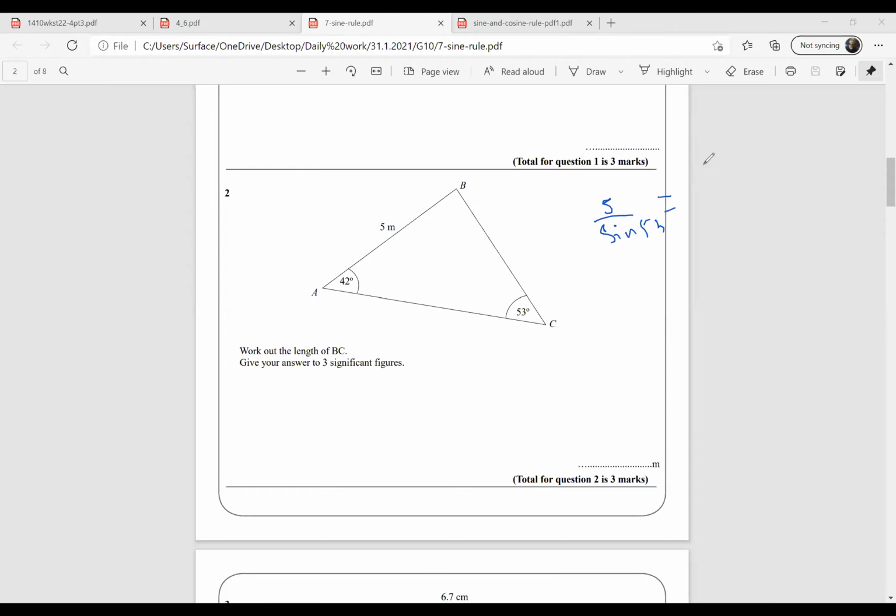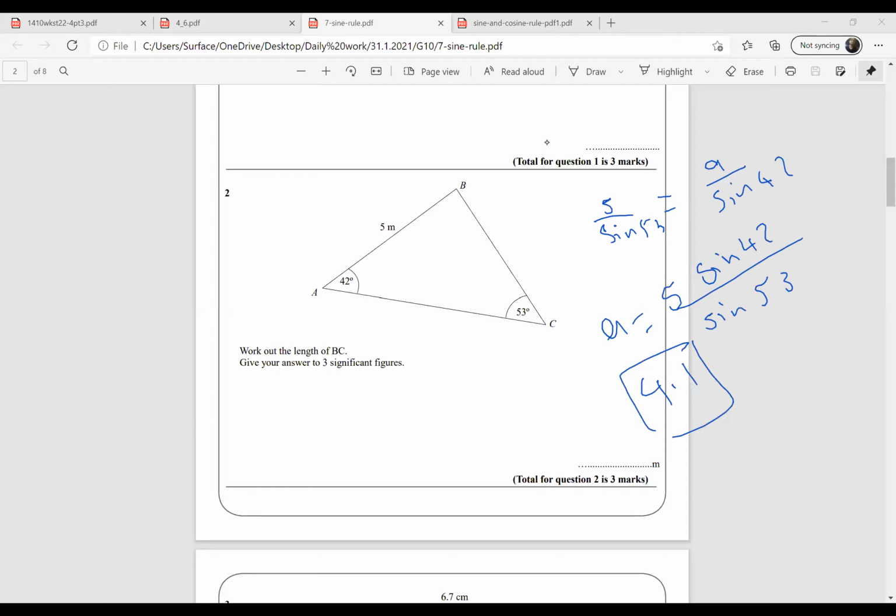I want A over sine 42, and A will be 5 sine 42 divided by sine 53 to find it. Okay, it came out 4.1. Do you have any problem on this one? Okay, another one.